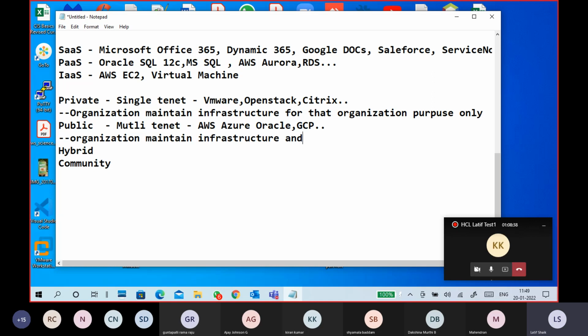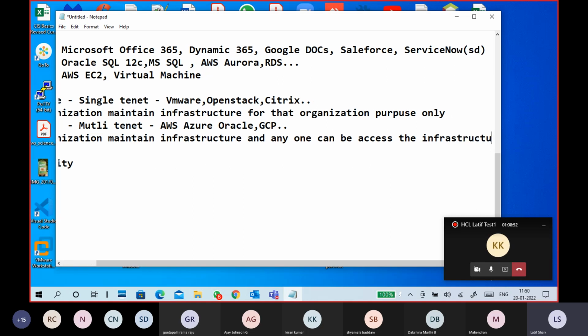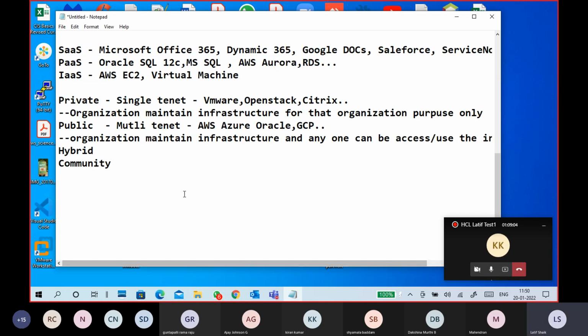And anyone can access or use the infrastructure, not freely, it's a pay and use type. So anybody in the public.